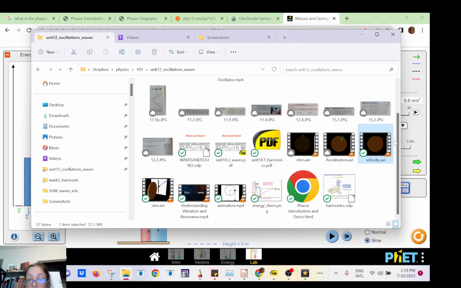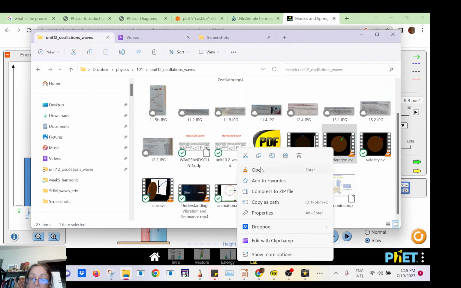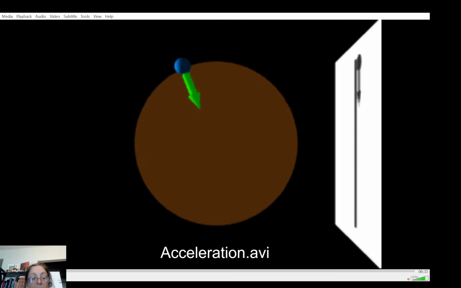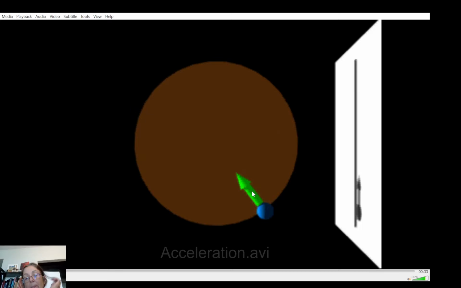Now if I look at the acceleration, I'm going to have the same. It's moving along a circle at a constant speed, so it's a circular motion. It doesn't go faster, it doesn't go slower, but I do have an acceleration.